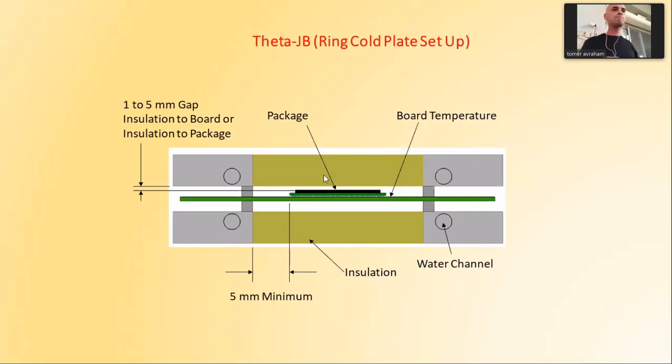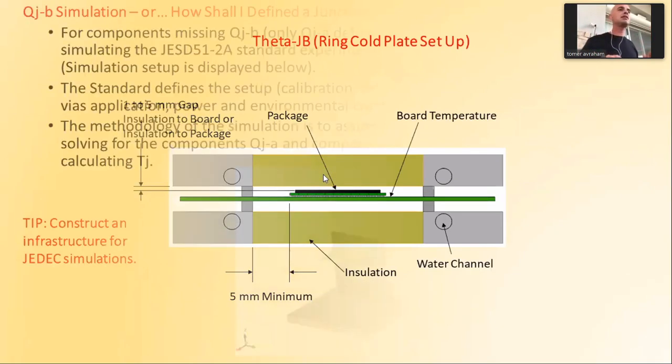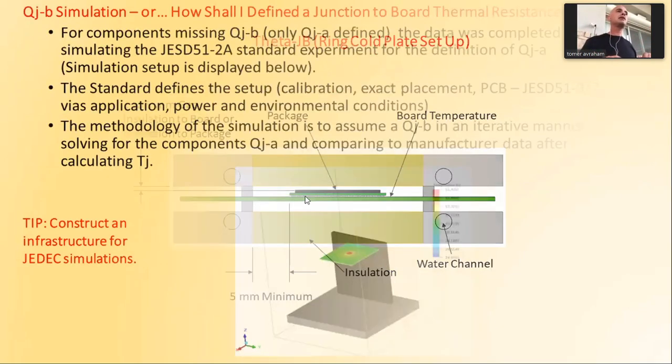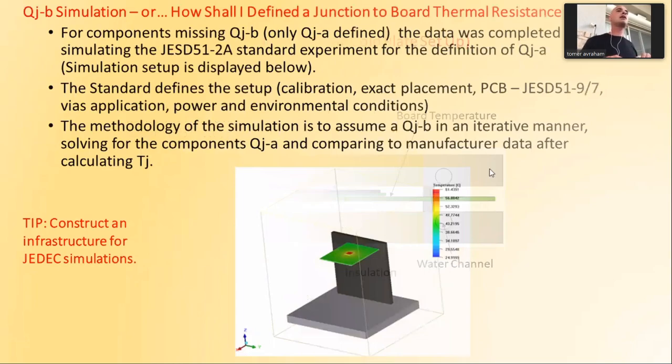These are boundary condition dependent, and they are defined completely in the JEDEC. What you can use is theta J.